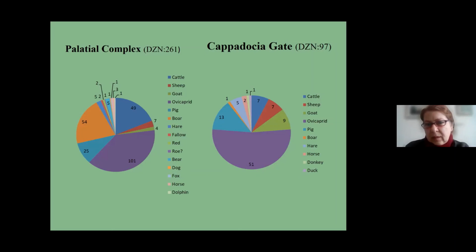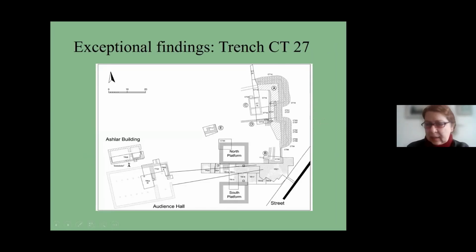And again, my presentation is okay. Here I'm in the palatial context, and I have an exceptional find exactly here in the Thread City 27. What is this trench? This trench is right in front of the glaciers, which is put up as a show for the palatial complex.